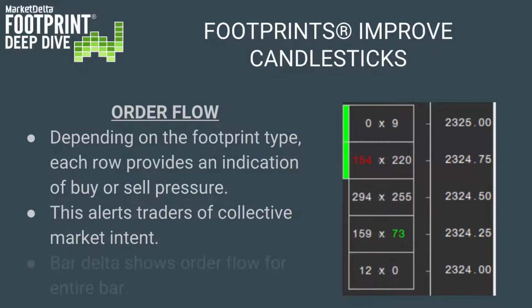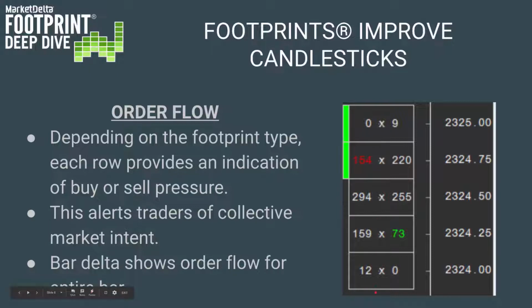All right, let's go ahead and move on. Oh, yeah, the last point here, bar delta shows order flow for the entire bar. That's covered quite a bit in the deep dive called Everything Delta. The bar delta would sum up all the deltas for a particular bar and give you just a total bar-by-bar read of net order flow.